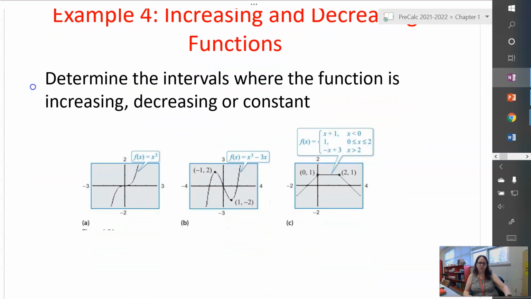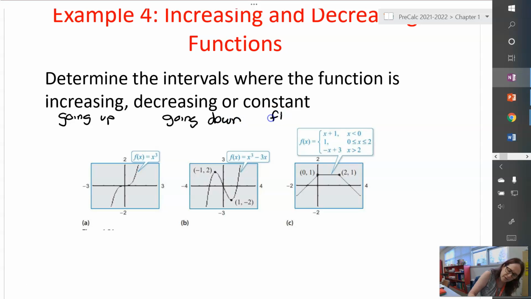Next is the intervals or sections of the function where it's increasing or decreasing. Increasing means it's going up. Decreasing goes down. And constant is flat. And we look at this from left to right.